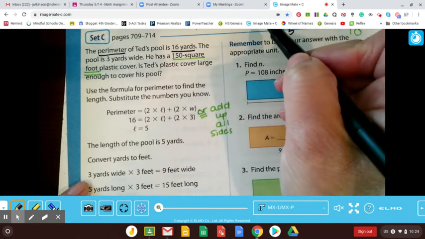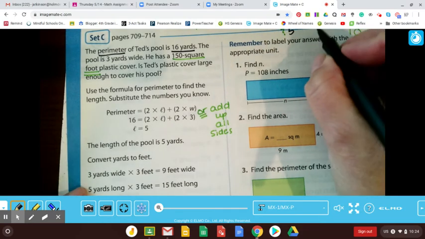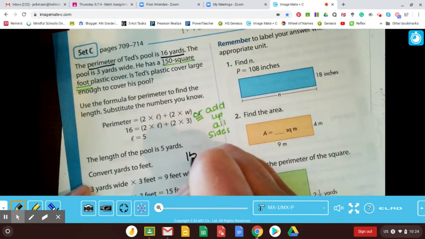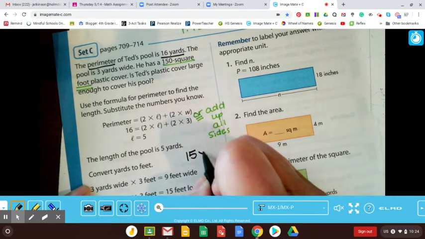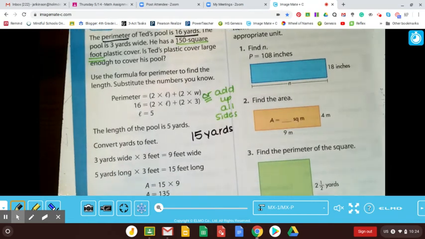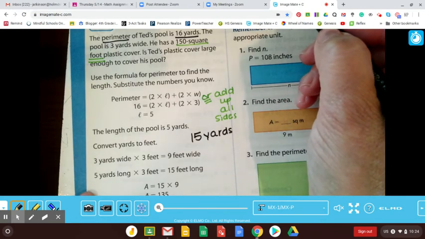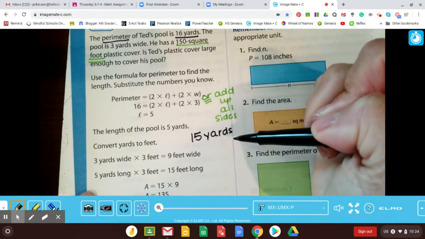It would be 3 times 5. So it would be 15 yards. But we need to convert that to feet, right? Because 3 times 5, like area equals length times width. 3 times 5 would be 15.